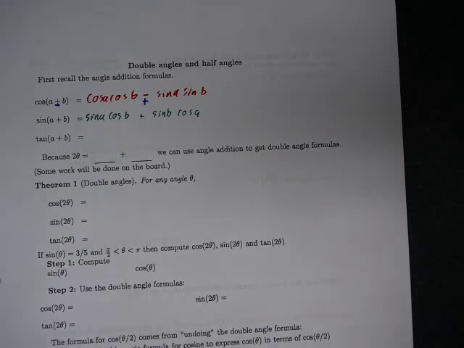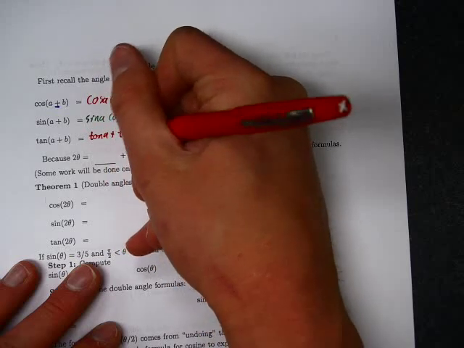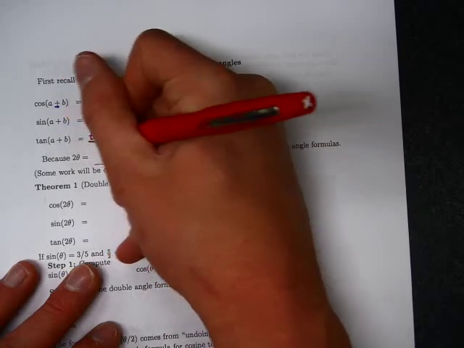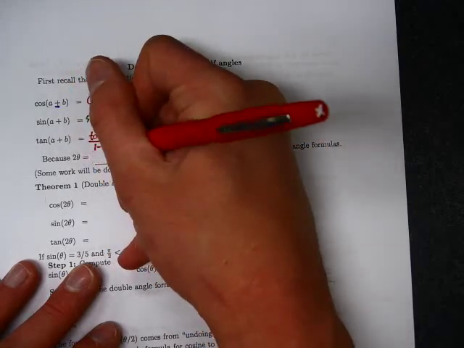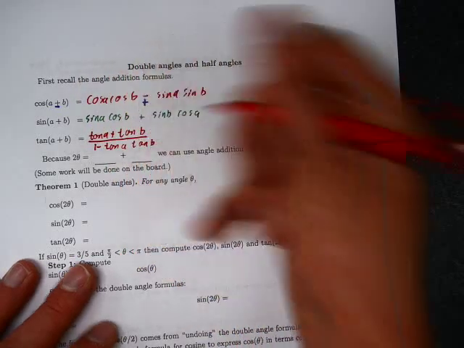And we didn't hit much on angle addition for tangent, but we stated it. What is the angle addition formula for tangent? Tangent A plus tangent B over 1 minus tangent A times tangent B. Which is handy.